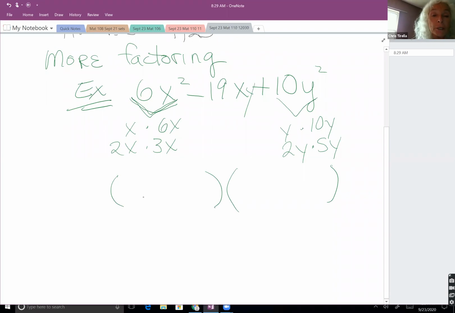The factors with the x's are going to go in the first. The factors with the y's are going to go in the back. And I just have to worry about where the numbers go. Remember, we had said that if this is a plus sign, it means my signs are the same, and they'll both be minus signs.